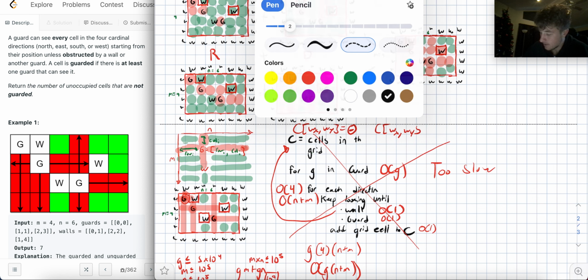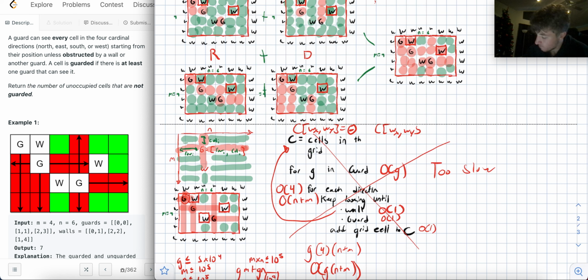Instead of doing what we did before, what we're going to do is go each direction, for each direction, for each row, for each column, check guard, wall, or nothing.